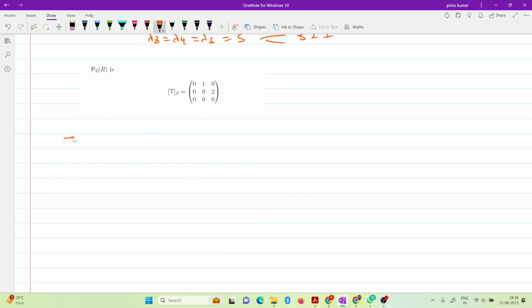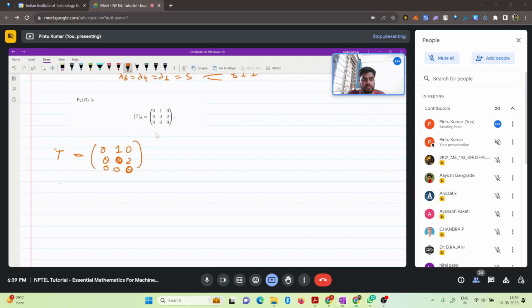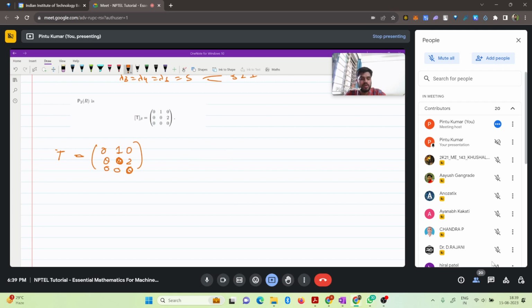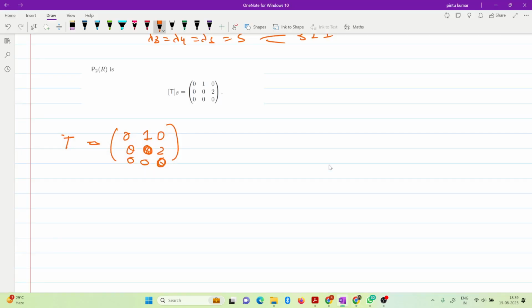This is your matrix. T is equal to 0, 1, 0, 0, 0, 2, 0, 0, 0. What are its eigenvalues? Can someone quickly say? 0, 0, 0. One thing you should remember: for a strictly lower triangular, lower triangular or upper triangular matrix, the eigenvalues are always the diagonal elements.